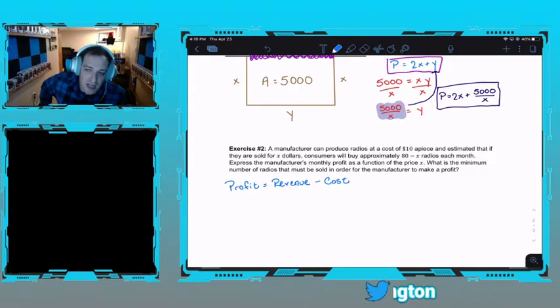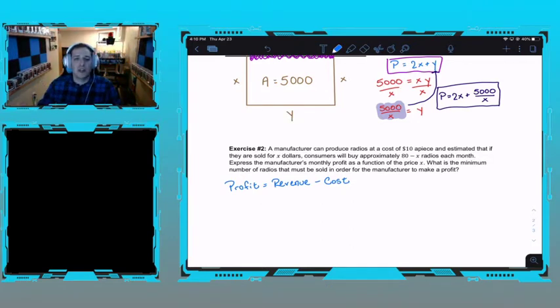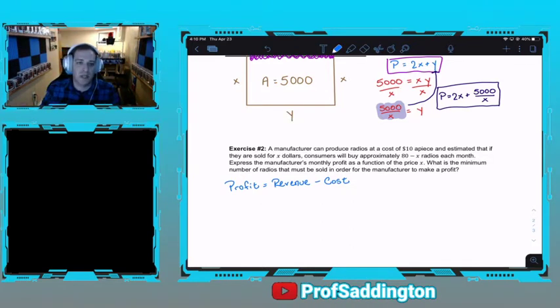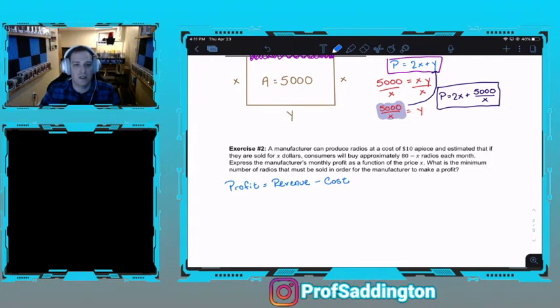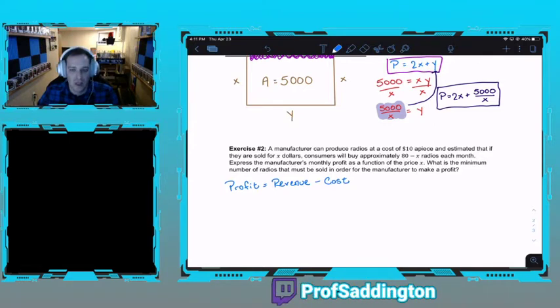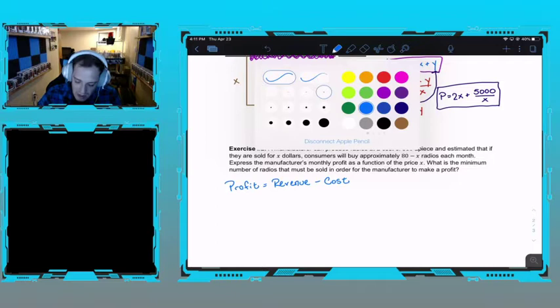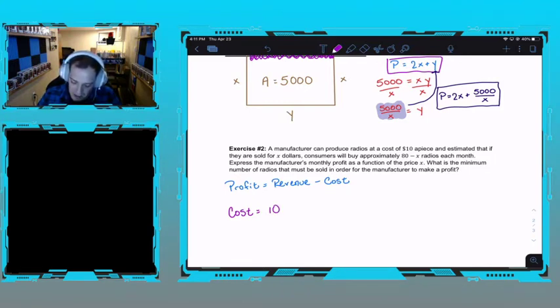So in this case, it's talking about radios. So it says a manufacturer can produce radios at a cost of $10 a piece, and estimated that if they are sold for X dollars, consumers will buy approximately 80 minus X radios each month. So they're saying that the cost is equivalent to $10 per radio, $10 a piece.